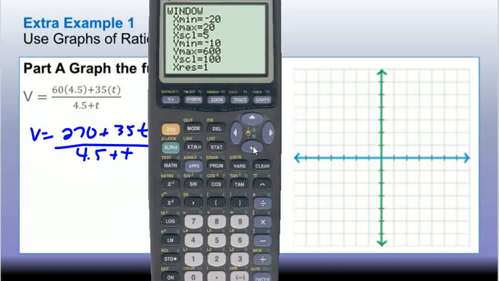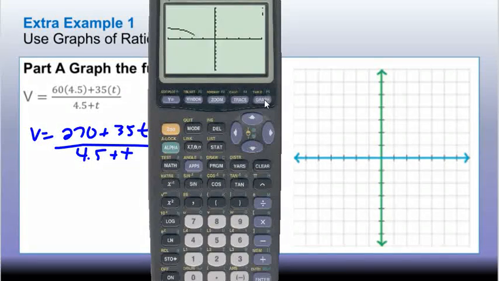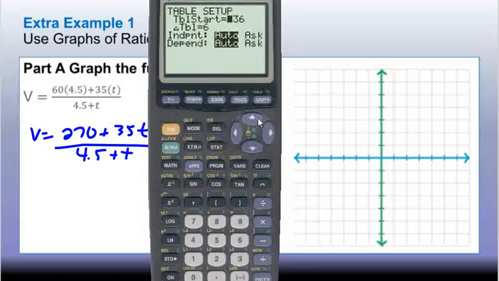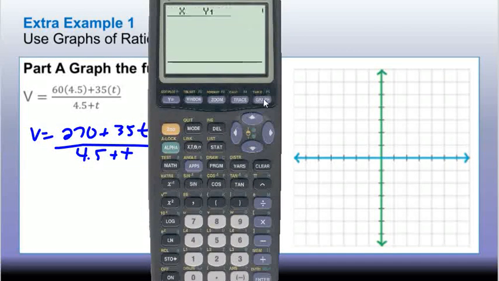And the y minimum, let's go negative 80 to positive 80. We'll count by tens. Then graph that. Okay, there we can see that. Change our table settings. Let's go 0. We're counting by fives. So second trace.